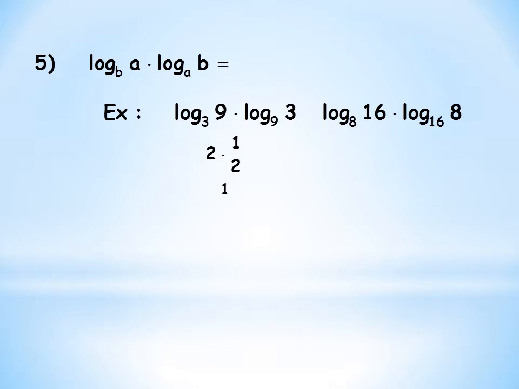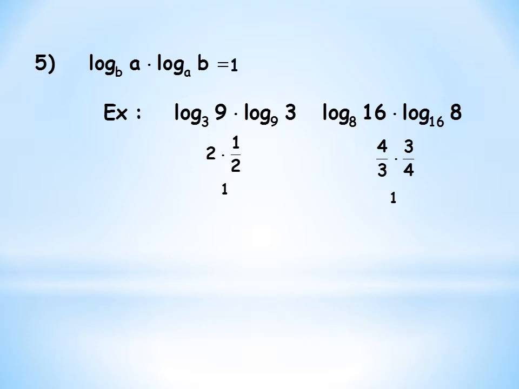Let's see if this always works. The log 8 of 16, well, I can think of that as the log of 2 to the third times 2 to the fourth, so this will be 4/3. And the log 16 of 8 will be 3/4. Well, if I multiply 4/3 and 3/4 together, I still get 1.